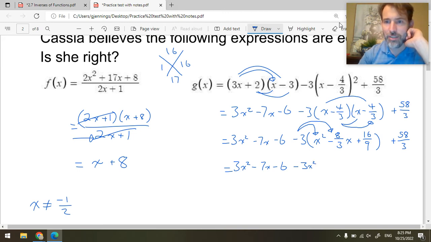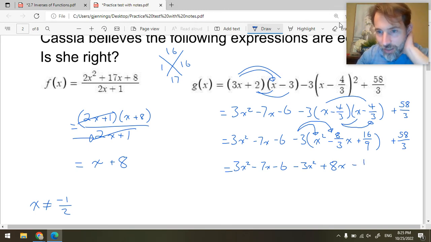Minus 3x times minus 8 over 3x is plus 8x. Okay? And then minus 3 times 16 over 9 is negative 16 over 3. That's the result of this multiplication. The 3 cancels one of the 3's in the denominator and it becomes a 3.